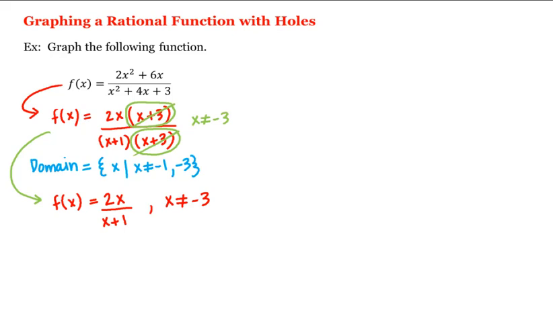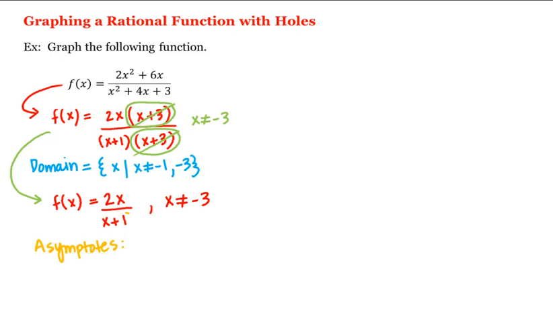Okay, now that the function is in its simplest form, we can graph it. So let's first start by looking for its asymptotes. Now, a rational function in its simplest form will have vertical asymptotes at the zeros of its denominator.